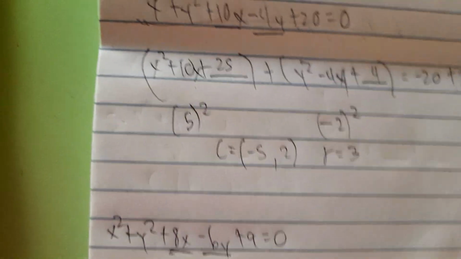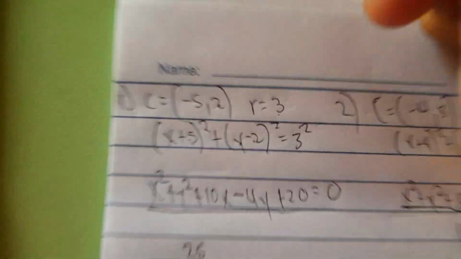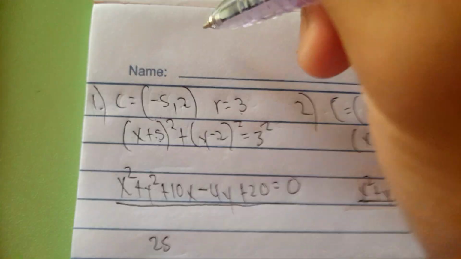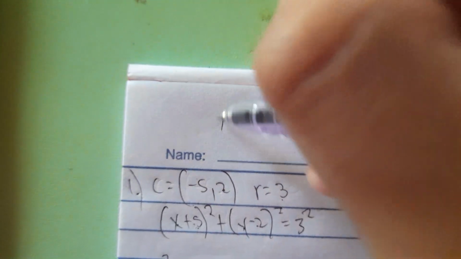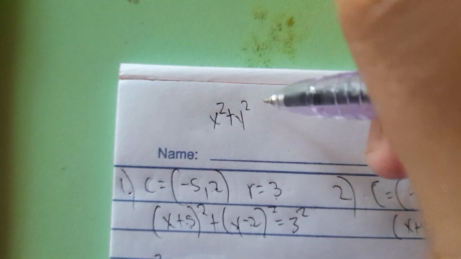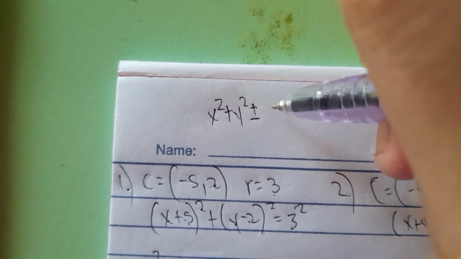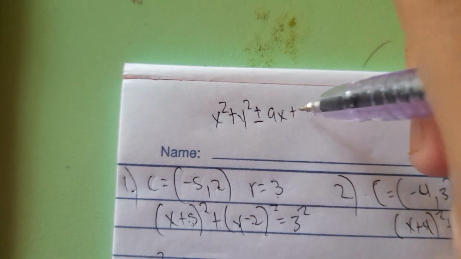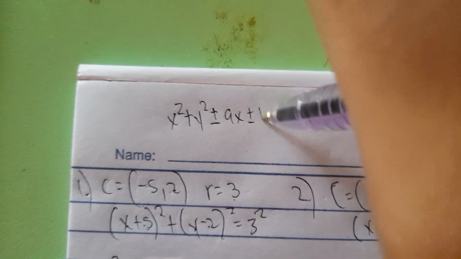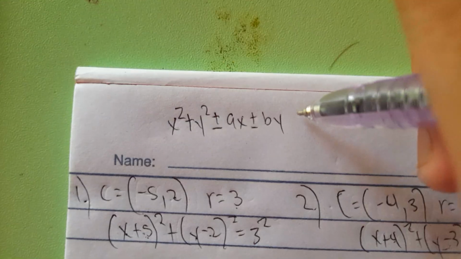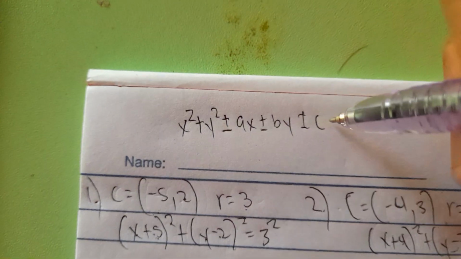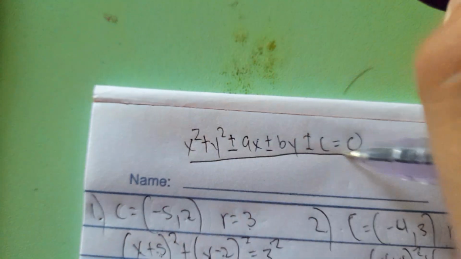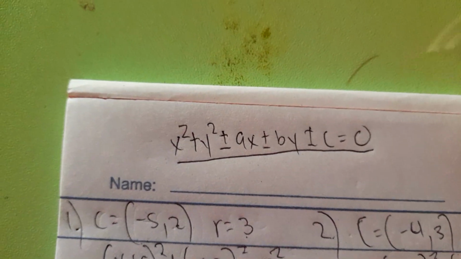The general form is written here: x squared plus y squared, plus or minus ax, plus or minus by, plus or minus c is equal to 0.